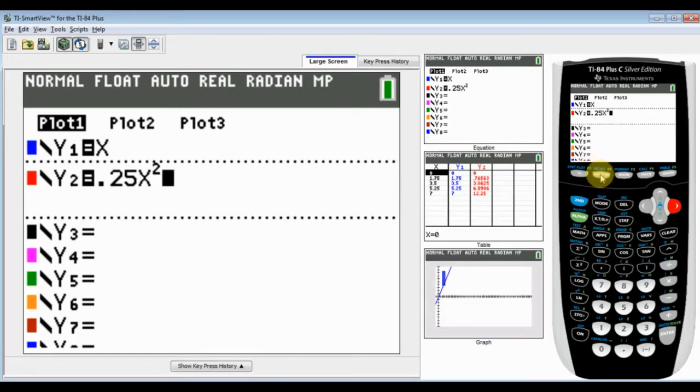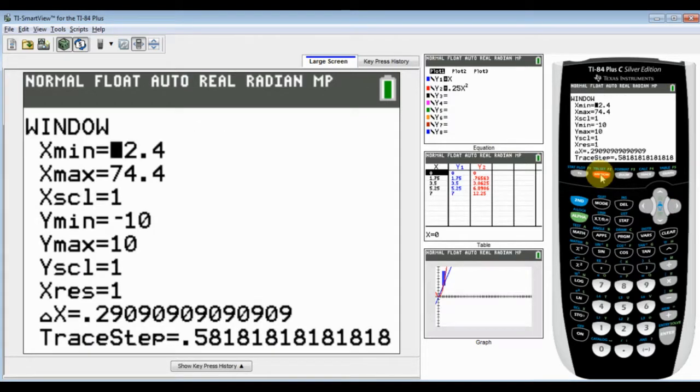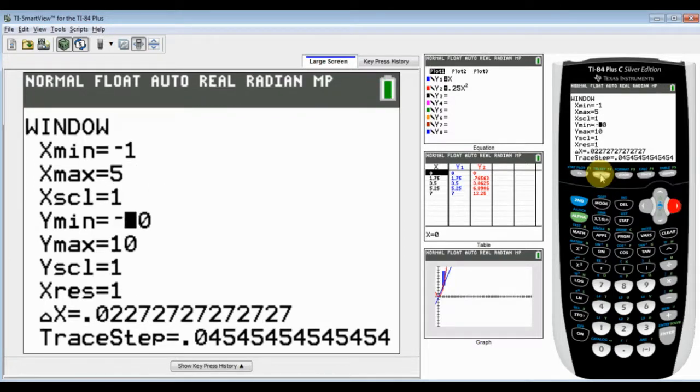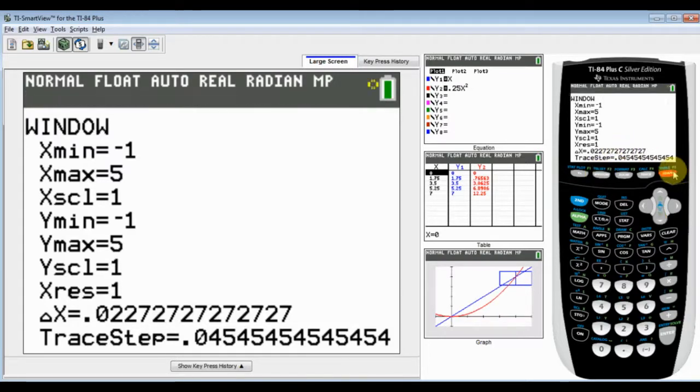So I'm going to try to be smart and only look at the first quadrant, which means I only need an x minimum of -1, x maximum, let's say 5. Y minimum, let's make it 1. Y maximum, let's make that 5. I'm only doing this because I know I'm supposed to be in the first quadrant. Let's graph.